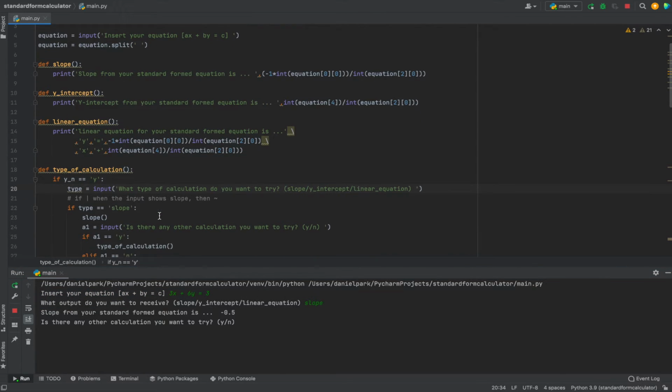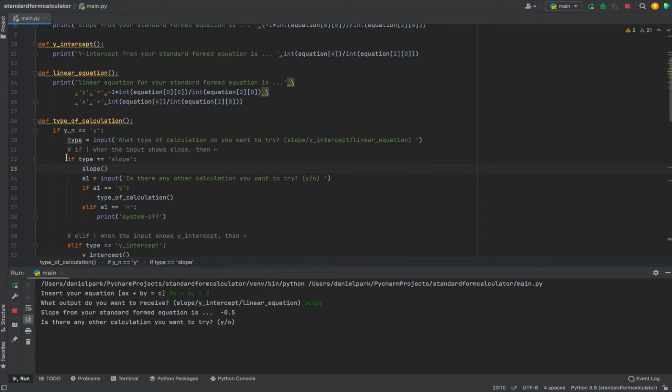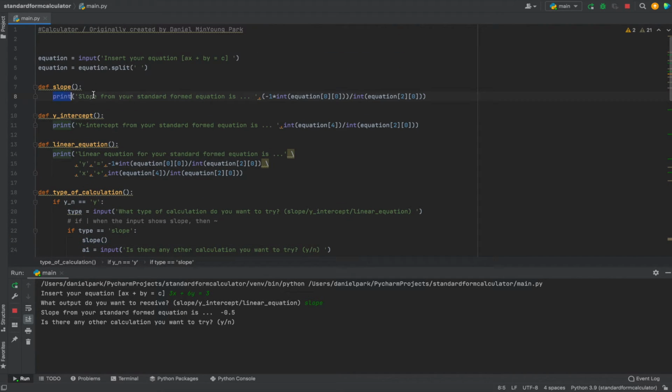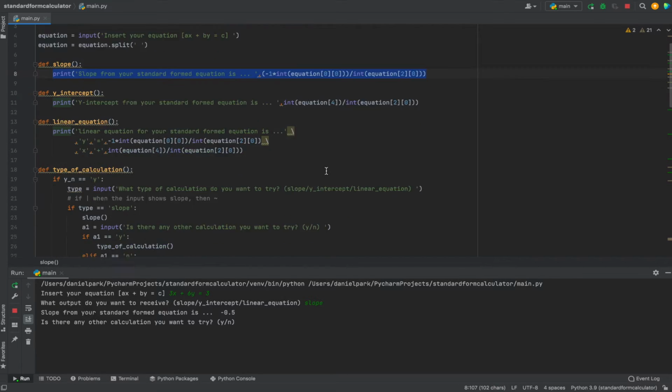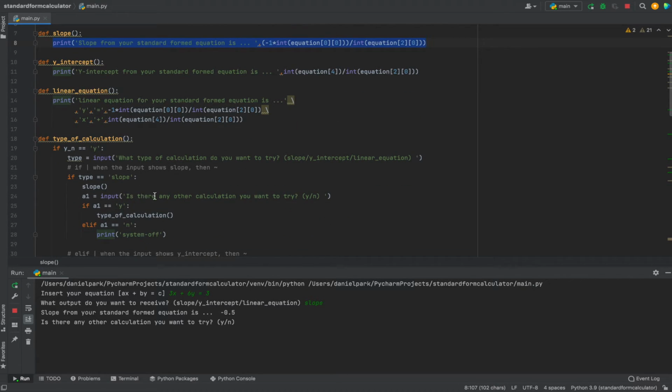How it works is, if the answer equals yes, I'm again asking what type of calculation do you want to try, either slope, y-intercept, or linear equation. And if the type is slope, I'm defining slope, which is printing the value of this. And I did the same thing.